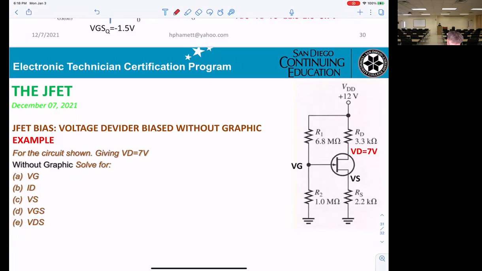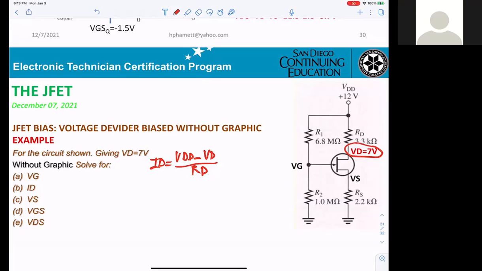Then you know ID equals VDD minus VD divided by RD. VD is already given to you here. Okay.